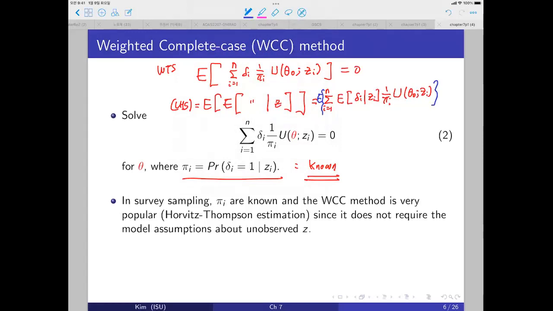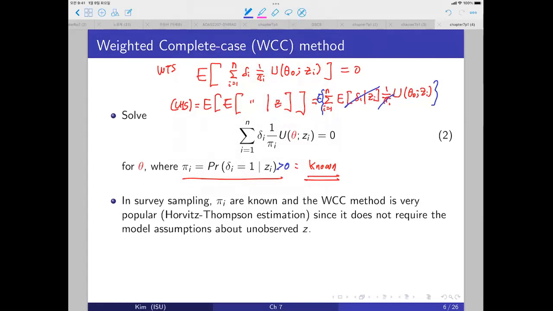It is an expectation of a conditional expectation, and the condition cancels with pi I. There's one important condition: the pi I's must all be positive.